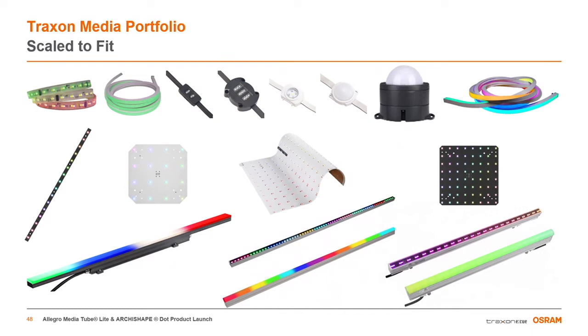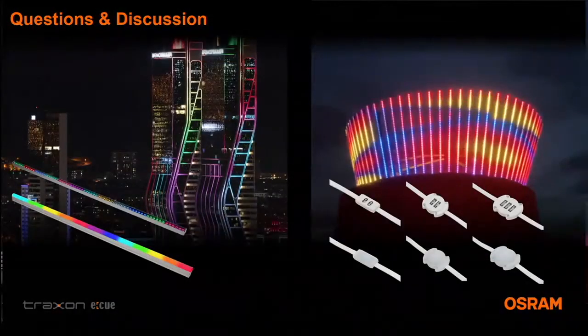We're very excited to add these to our product portfolio and really looking forward to seeing how you apply these on your next design. And with that, we'd like to turn the stage over to you to ask any questions that you might have about these 2 new product offerings.